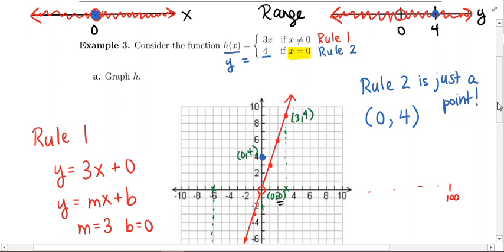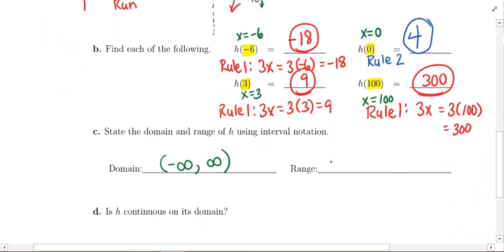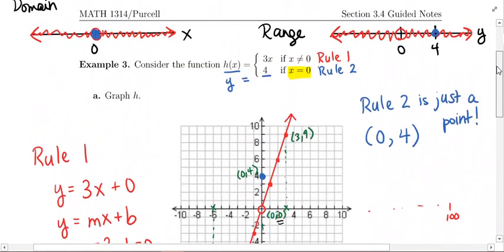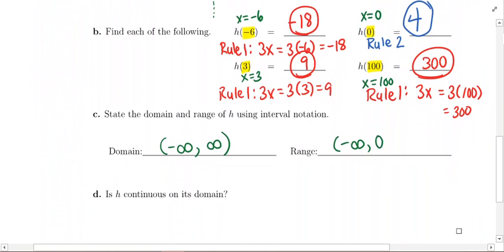If you had to write this in interval notation, you go from left to right on this number line. You're coming from negative infinity, and then you travel until 0. You fall in a hole. 0 is not a valid output, so we have to exclude it with a parenthesis.